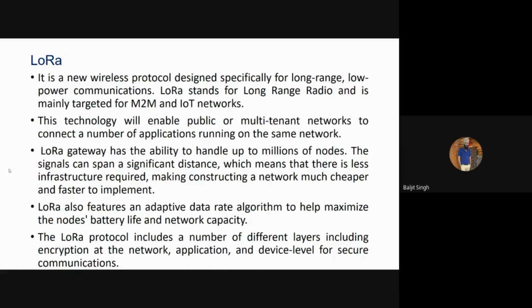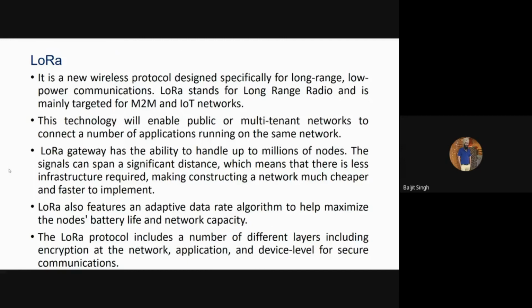It is a new wireless protocol designed specifically for long range, low power communication. LoRa stands for long range radio and is mainly targeted at machine to machine and IoT networks. This technology will enable public or multi-tenant networks to connect a number of applications running on the same network. A LoRa gateway has the ability to handle up to millions of nodes.